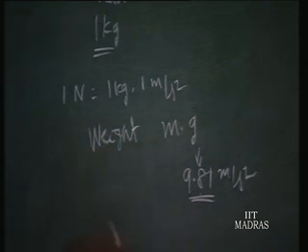So whenever there is a mass on the earth, it is always acted upon by g. So we always realize a weight. For example, this chalk piece: its mass cannot be separated from its weight, because it is always acted on by the weight. To separate mass from weight is not possible.